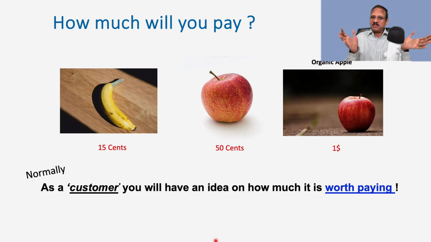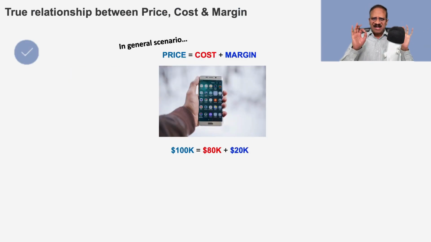Maybe not, because you feel it is worth only $1. So what will you do? You'll go to the next shop. If your quotation is much higher than the customer's expectation, your customer will go to the next vendor. That's it. It is as simple as that.